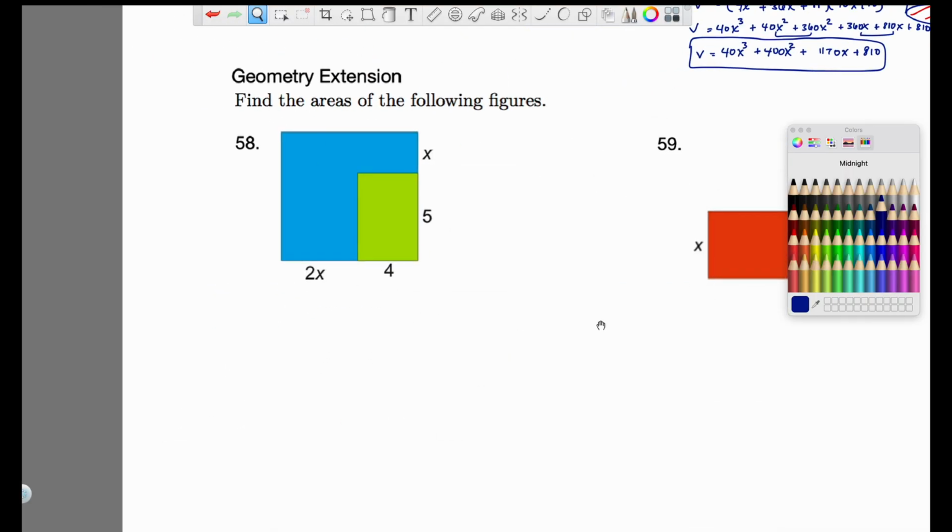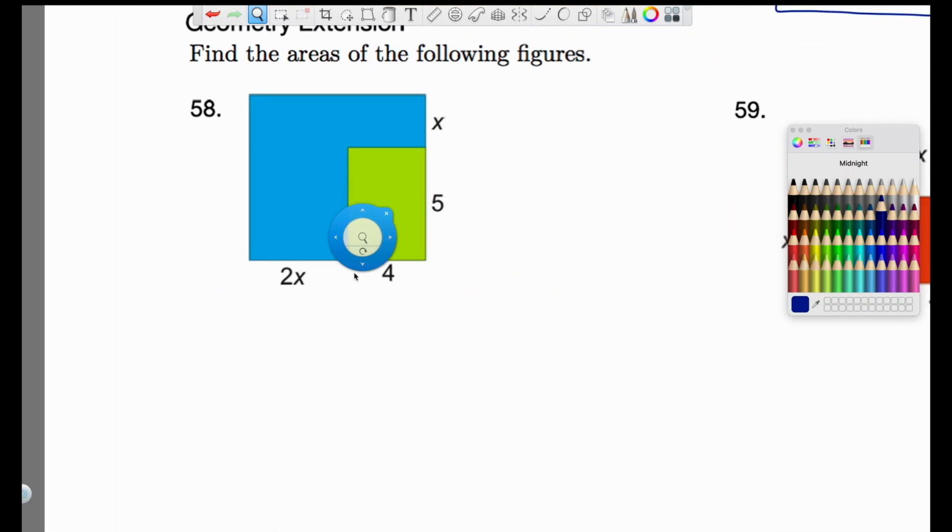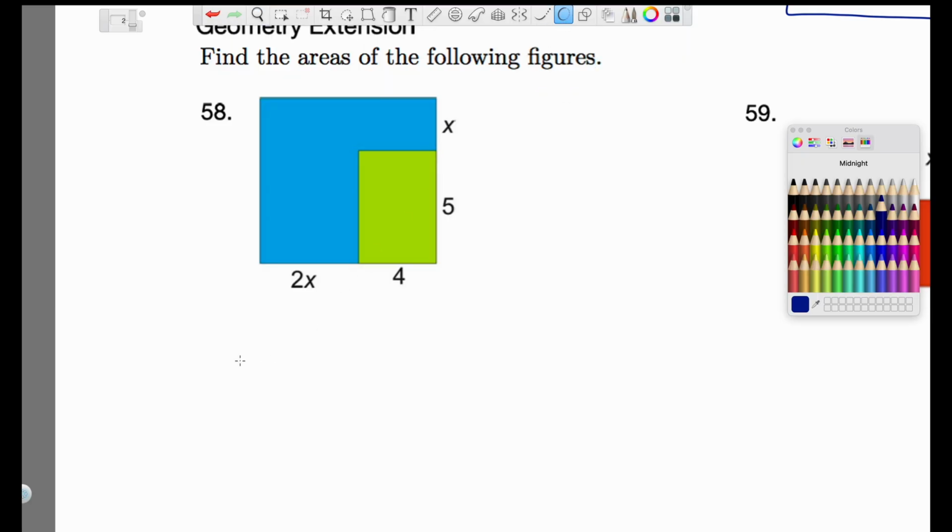Okay, find the areas of the following figures. Area is length times width, right? This is the length. Length equals, well, what is it? It's x plus 5. And the width right here is 2x plus 4.